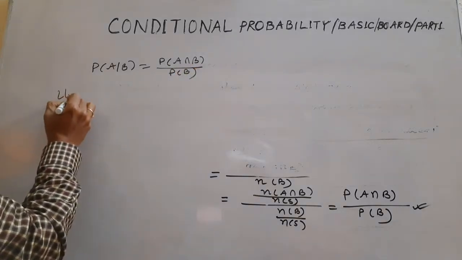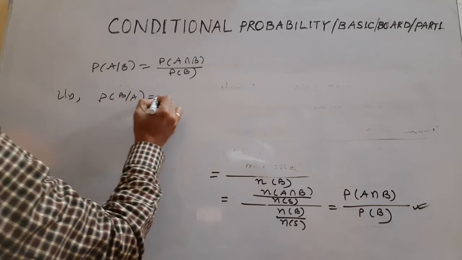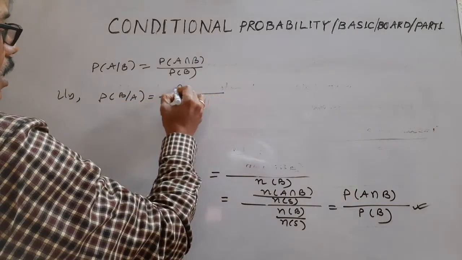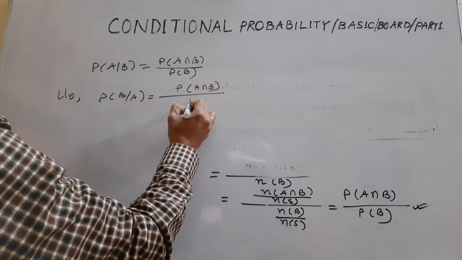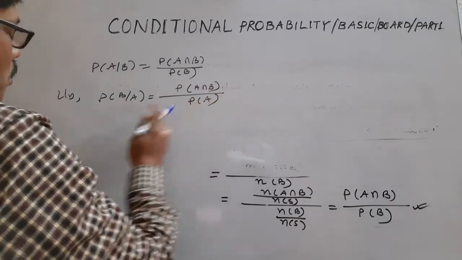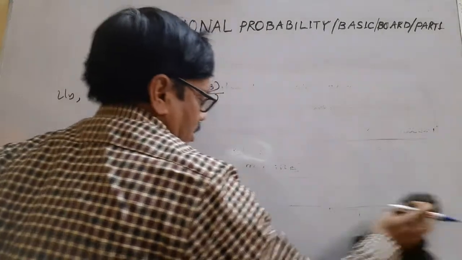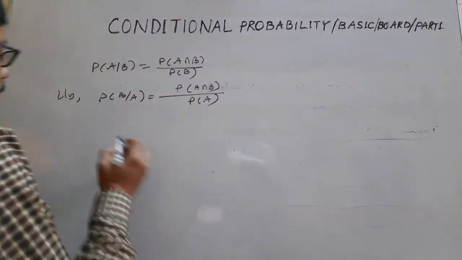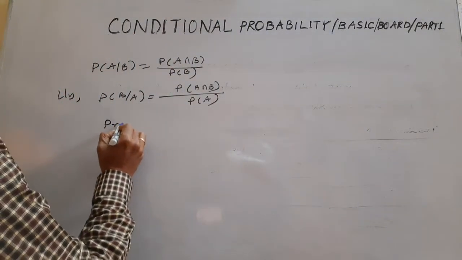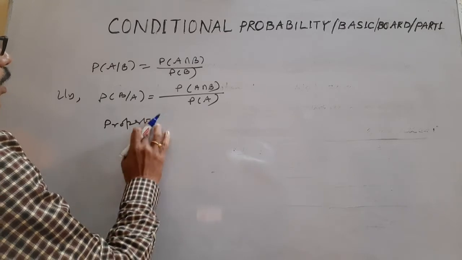Similarly, P(B/A) also. Probability of B when A has already occurred is P(A intersection B), or B intersection A, by P(A). Now, properties.